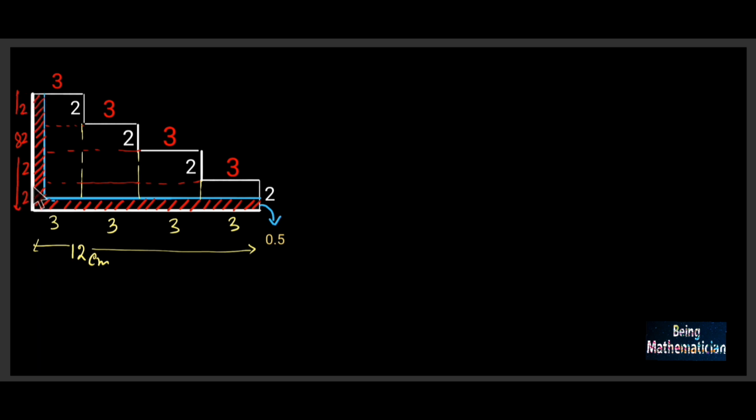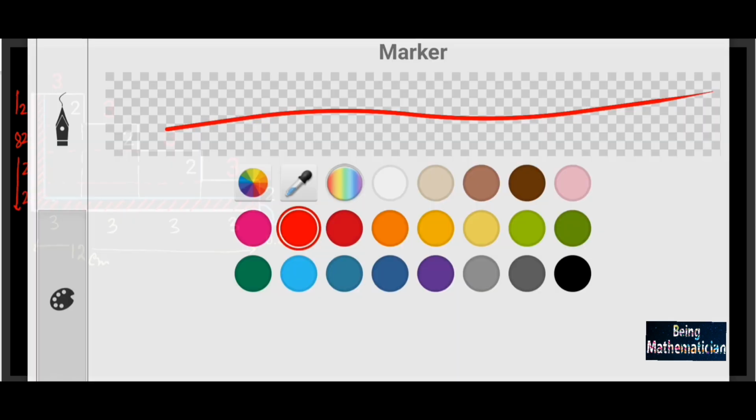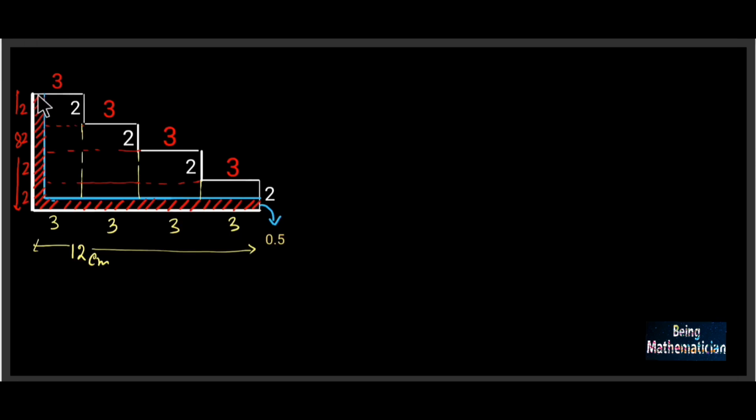Now we have to calculate the required shaded region. So if we calculate only this part, it is a rectangle. So we can say this part is 8 into 0.5, since the width 0.5 is given, and it must be 4 centimeter square.